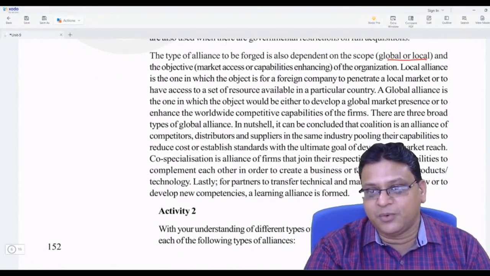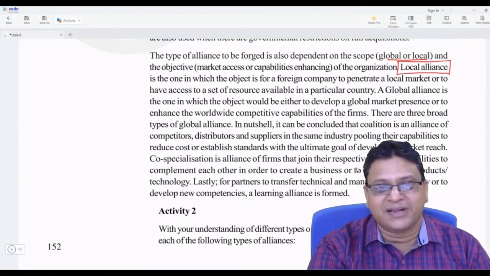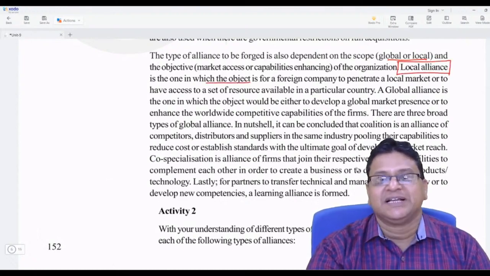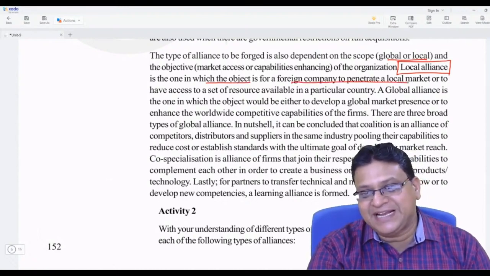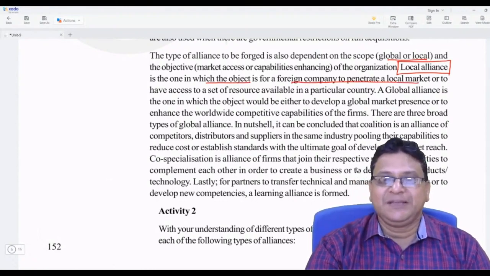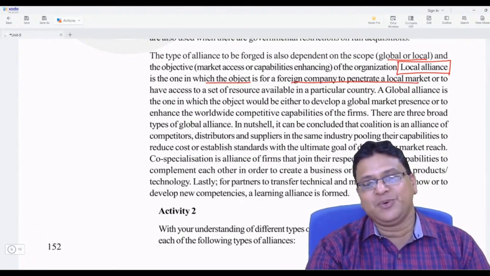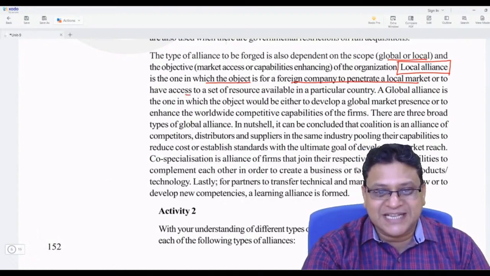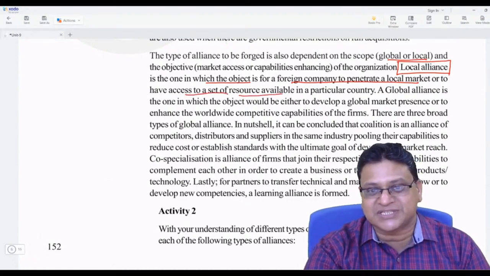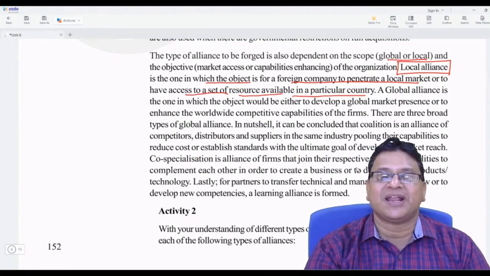Alliance can be global or local. What is a local alliance? A local alliance is one in which the objective is for a foreign company to penetrate a local market. If a foreign company wants to enter into a local market, or to have access to a set of resources which is available in a particular country, that is known as local alliance.